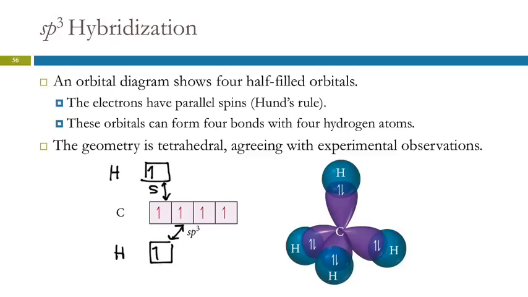Do you get the idea? So each of those four purple hybrid orbitals can overlap with a half-filled orbital from a hydrogen. And so we're going to get four hydrogens bonding to the carbon. And then the angles here are going to be 109.5, right? Because this is a tetrahedron. This agrees with our experimental observations. Any questions?